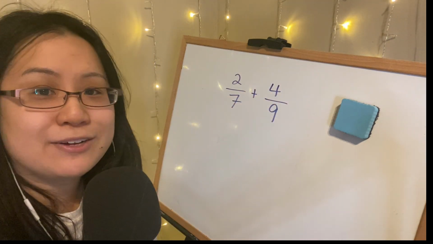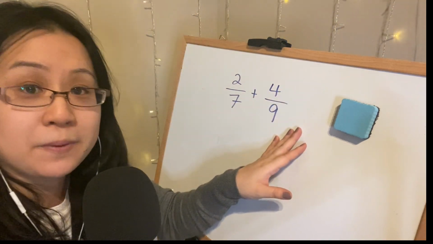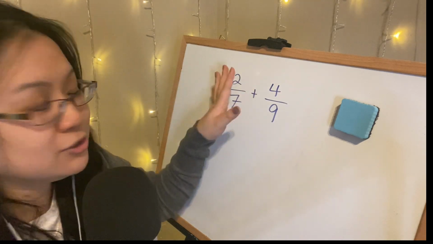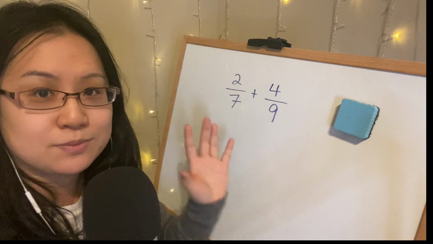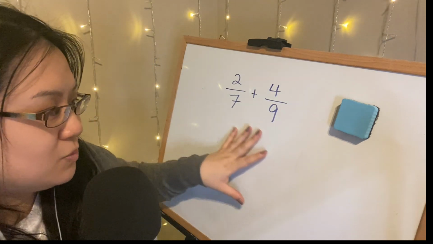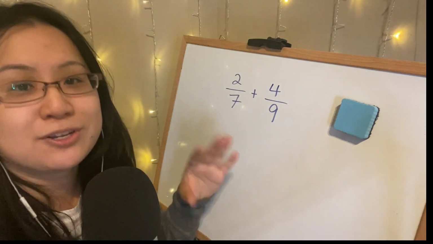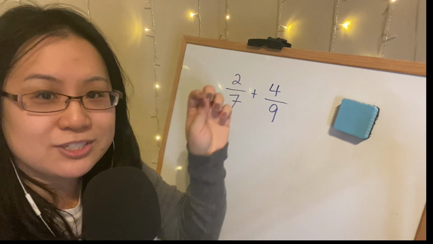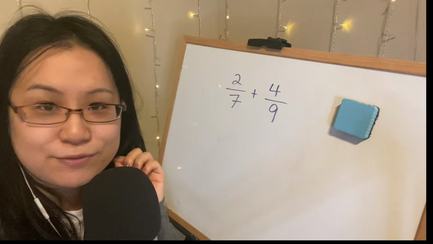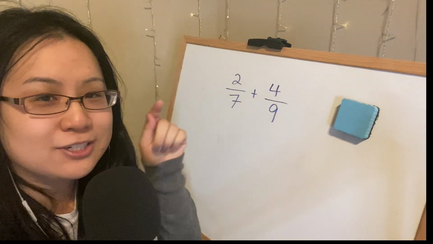Okay, so now let's say we have 2 sevenths plus 4 ninths. Okay, so now you see the top numbers are not 1. It's okay. We follow our same exact rules. So this one, if we were to try and sketch the sevenths and the ninths on one circle, it's going to be a little bit trickier because trying to break down a circle into 7 equal pieces is kind of rough. 9, at least I can kind of break down the 360 degrees.